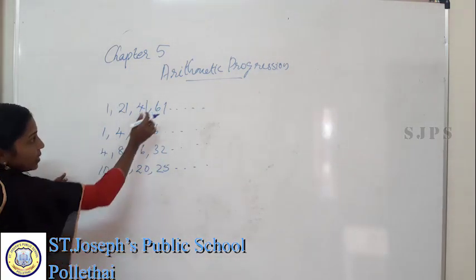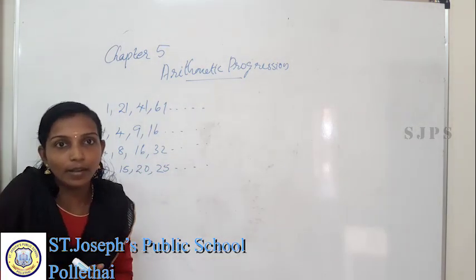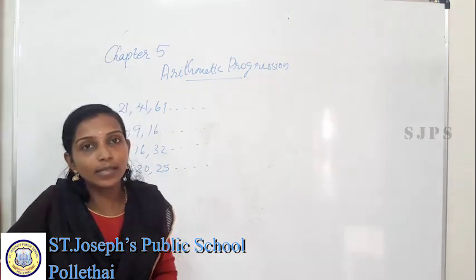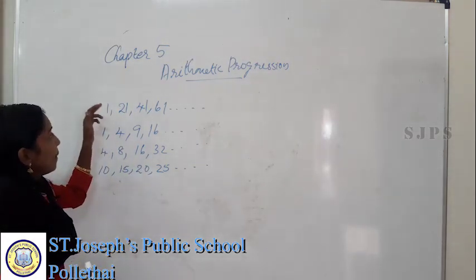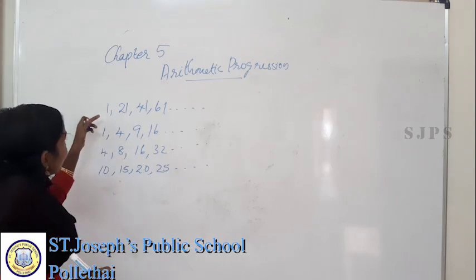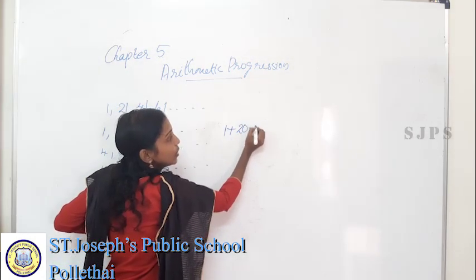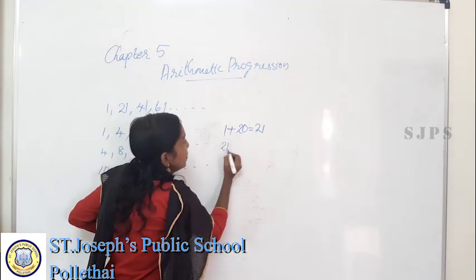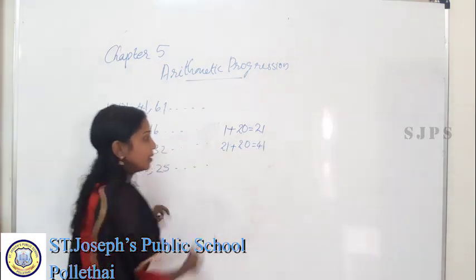Now we consider the first and fourth examples. In these two examples, the successive numbers are obtained by adding a fixed number to the preceding number. Here 1 plus 20 we get 21, and 21 plus 20 we get 41.